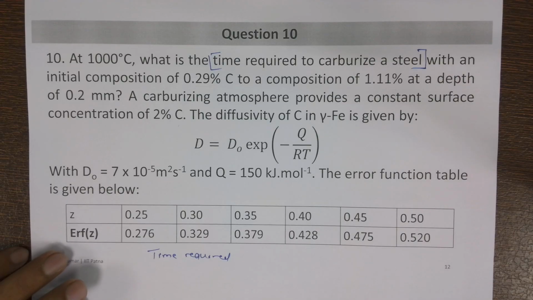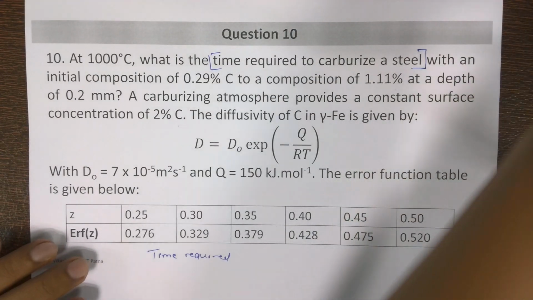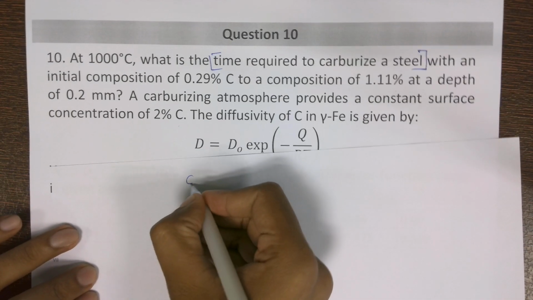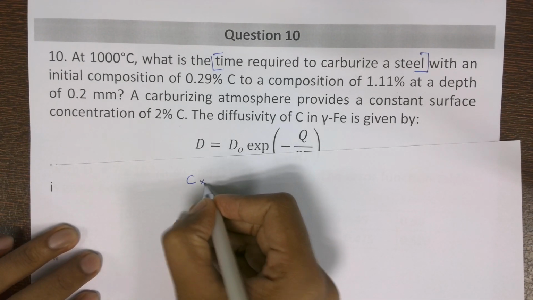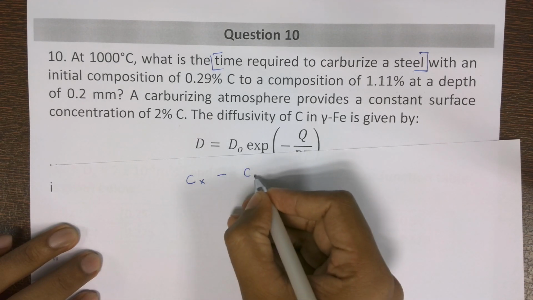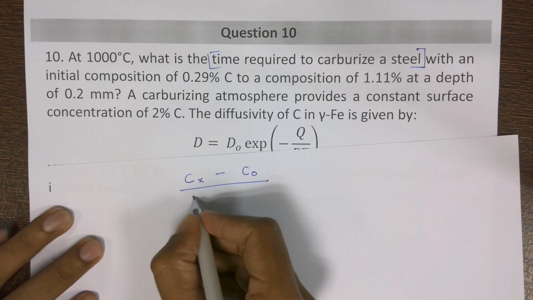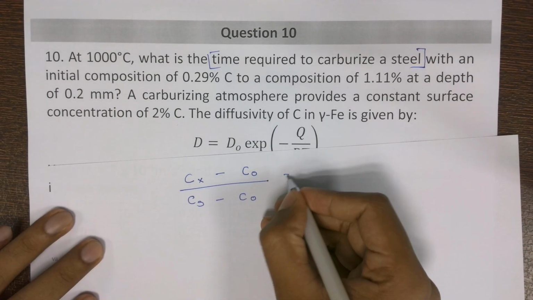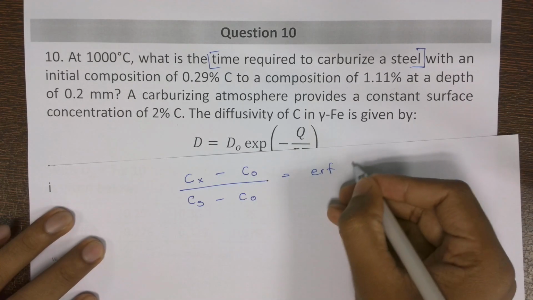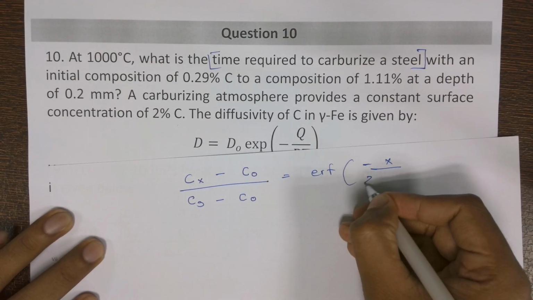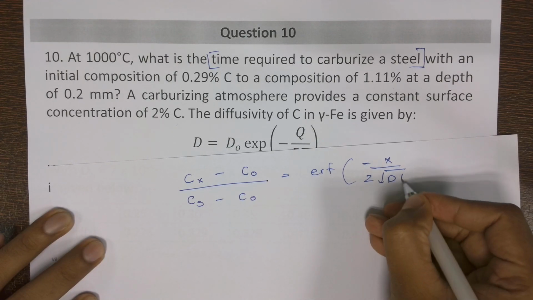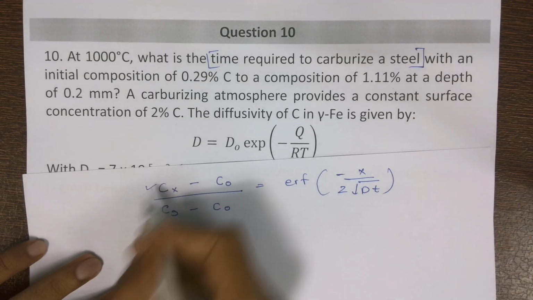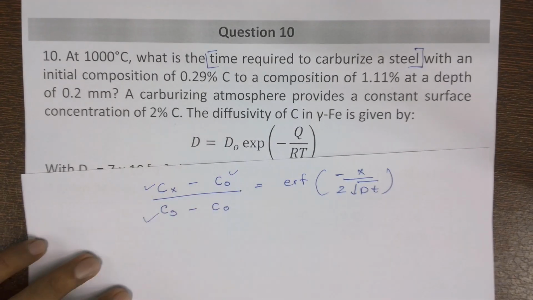Let's formulate our approach. We know the concentration at any particular location minus the initial concentration, divided by the concentration at the surface minus the initial concentration, equals 1 minus the error function of x upon 2 root Dt. Here we have Cx, C naught, and Cs, the concentration at the surface.